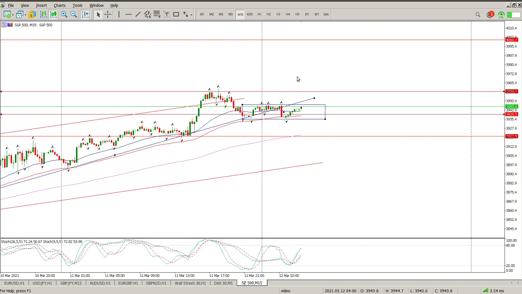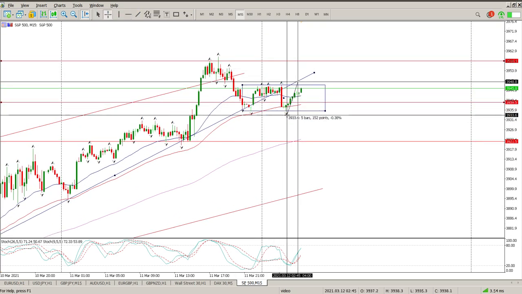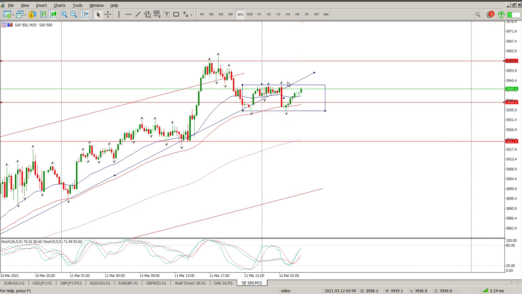If you get through that, then by all means, let's go for 4,000. But I'm going to be doing this with a very small position, because that's 152 points this swing, 140 points odd, and that's what I don't like about it. Anyway, guys, trend is up. You should be looking for longs. Don't try and deviate from that. But small positions, my advice to you, very small positions and tight stop losses.